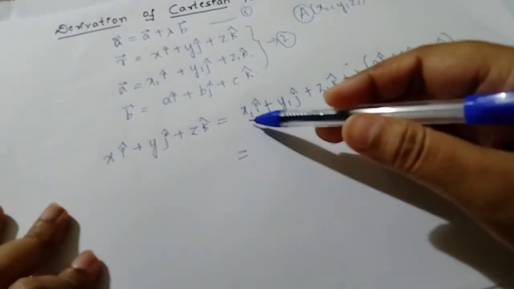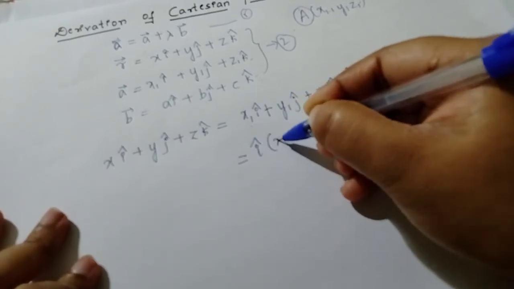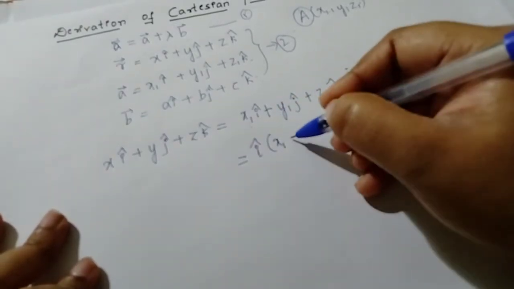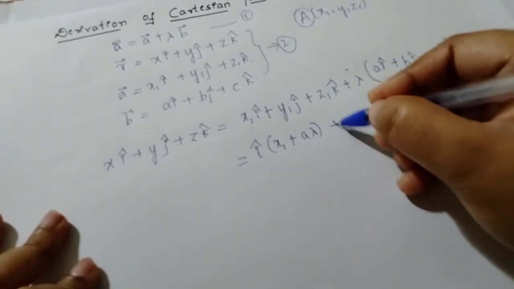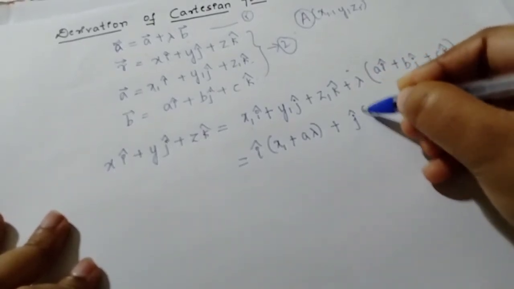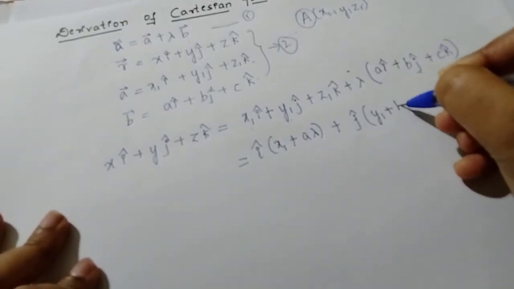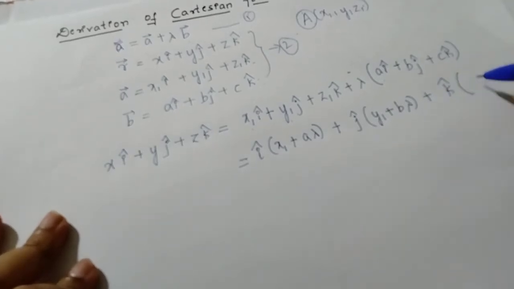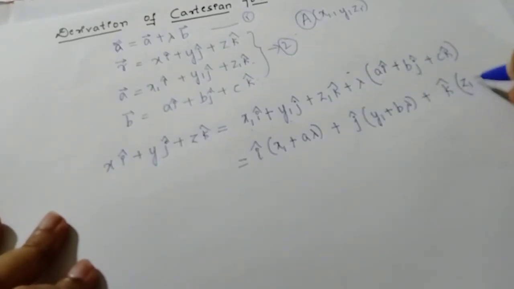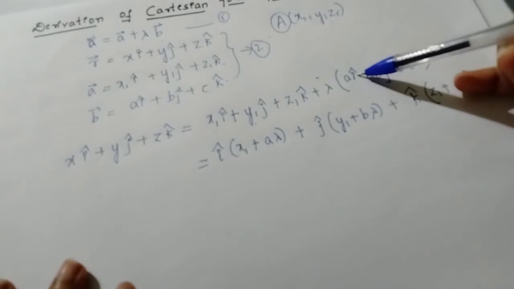Here I take i common, then I can write i cap into bracket x1 plus a lambda, plus j cap into y1 plus b lambda, plus k cap into bracket, what is it? z1 plus c lambda. Okay, what I have done? I have taken i common from these two.